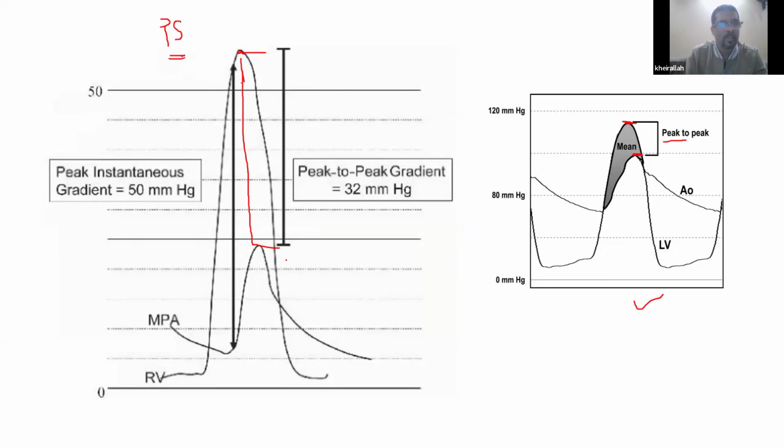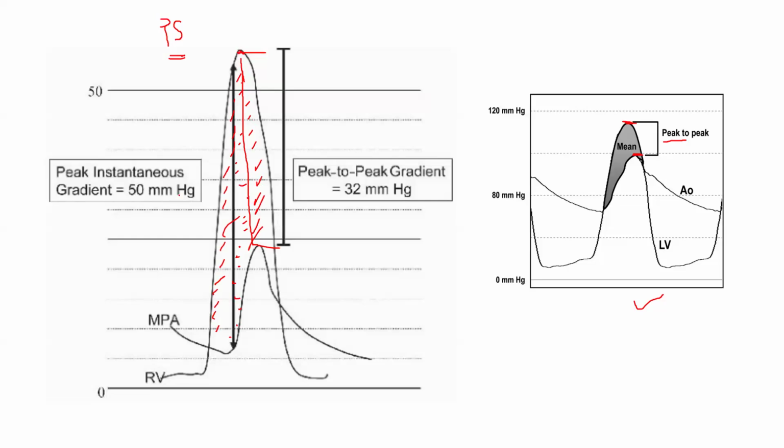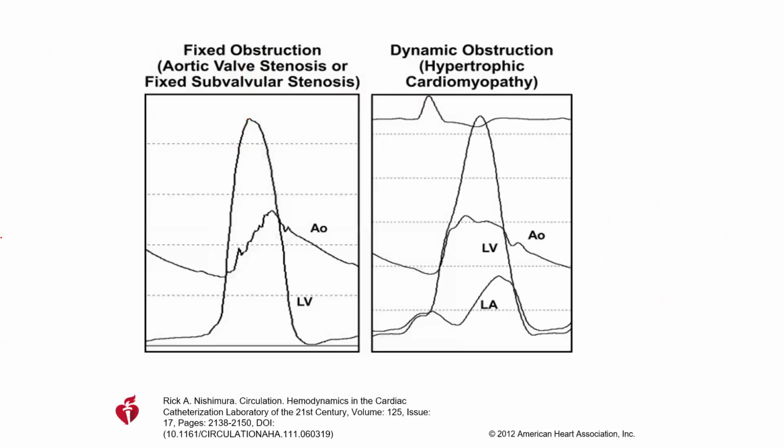The degree of which depends on what? It depends on how much peak to peak gradient we have and how much mean gradient, which is all this difference through the period of ejection between the pulmonary artery and the RV. So now you know how aortic stenosis and pulmonary stenosis look like. Okay, you get this? Tamam.